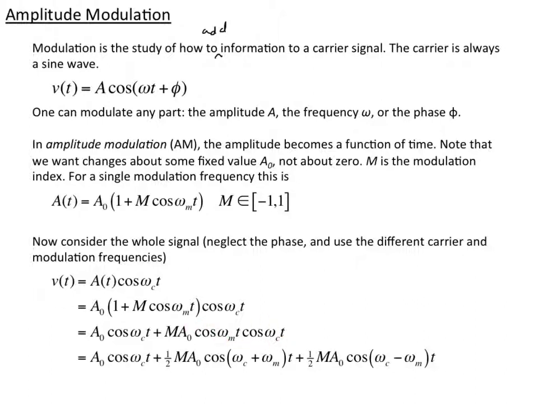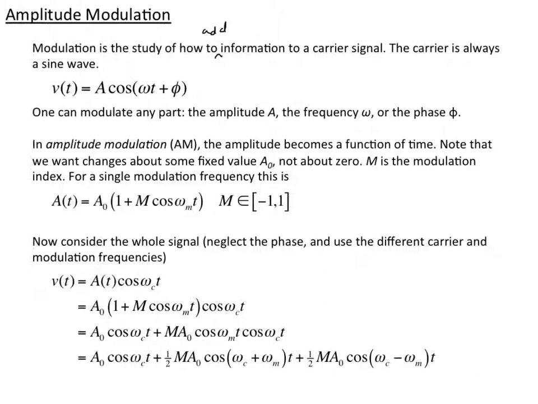Now you can expand the product of two cosines using the sum of angles and the difference of angles formula to get this. So the sum of angles is cosine cosine minus sine sine, and the difference is cosine cosine plus sine sine. When you have both of them, the sine parts cancel, and you just get these two, and you get the half from each of these.